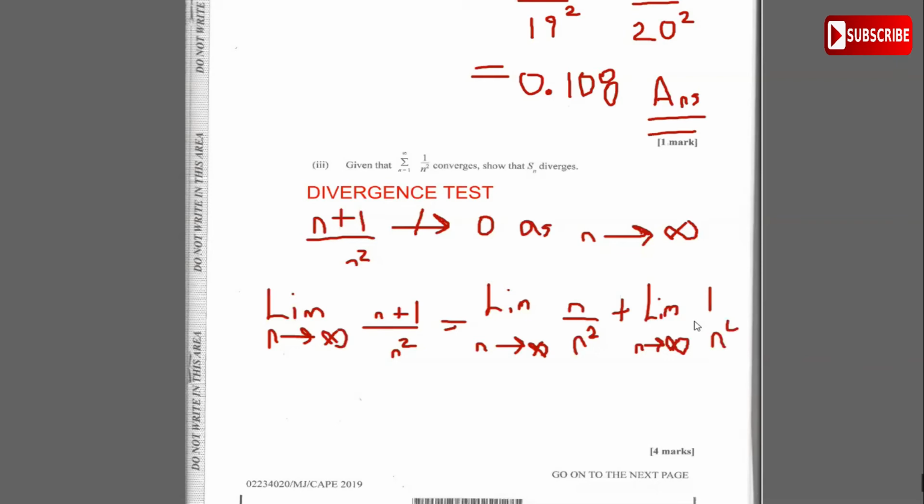Now the part that says n over n squared, we can simplify this part to be 1 over n.